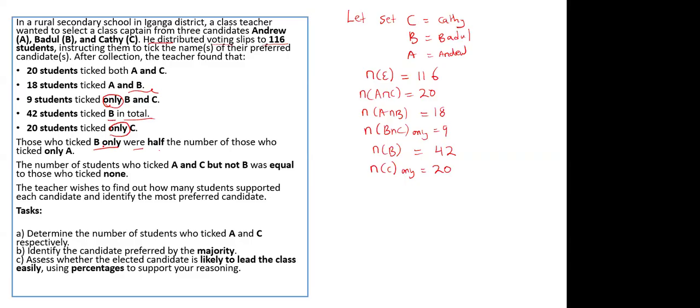Then we are going to first write this step: those who ticked B only. So I'll come here and say B only.